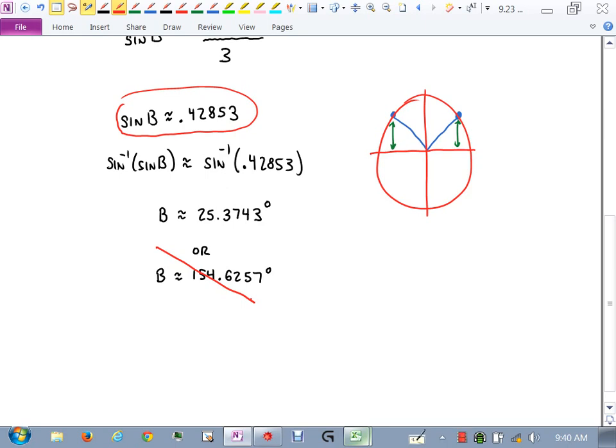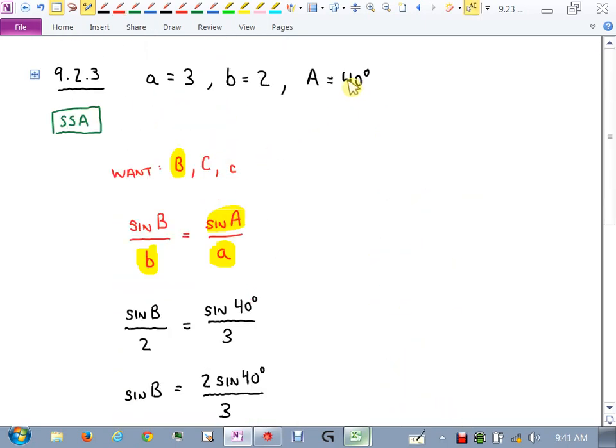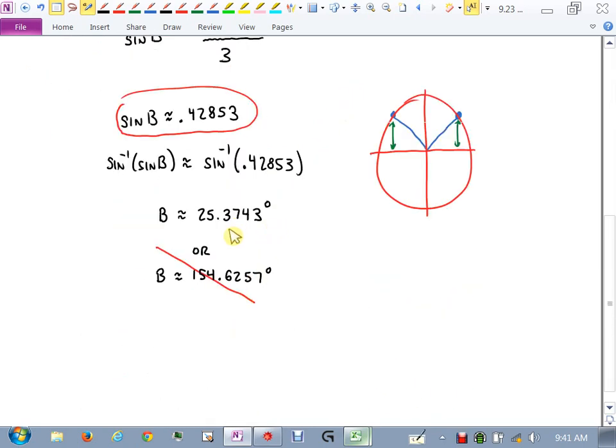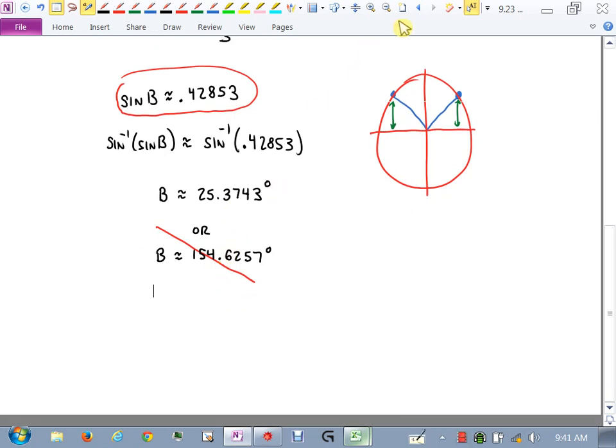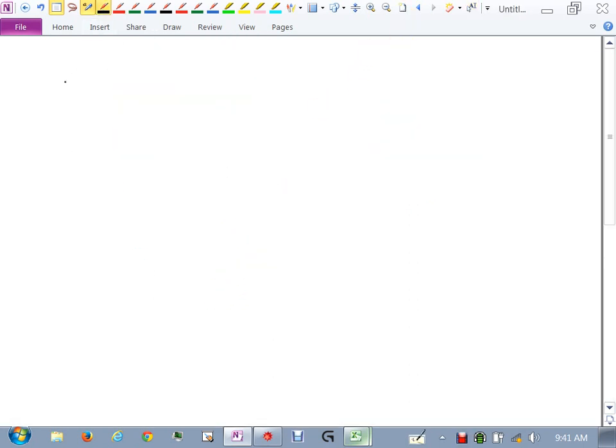Once I know B, what else can I get? Since I know what angle A is and I know what angle B is, then I can also find angle C, right? Now, I know that A plus B plus C must be 180. Angle A was 40. Angle B we just got was 25. I'm just going to say 25.37 degrees.